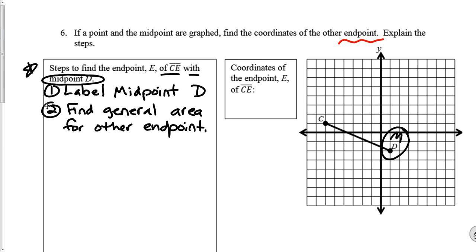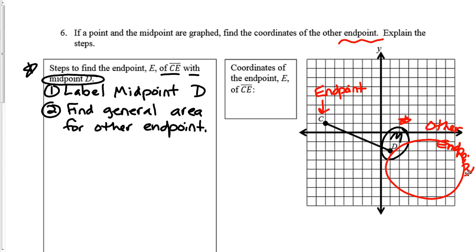So I know that C is an endpoint. I know that M is the middle, which means my other endpoint should be over here somewhere. Oh, I'm running out of room. That's where my other endpoint should be, over there. So that's all we have done right now.